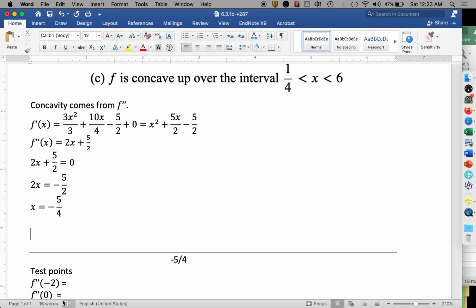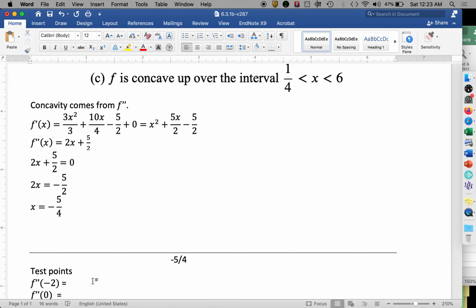You can pick any value on the left and any value on the right. You can pick something huge like 1,000,000 if you want to on the right, and negative 1,000,000 on the left. Okay, the point is just you pick some representative of that interval and test it.